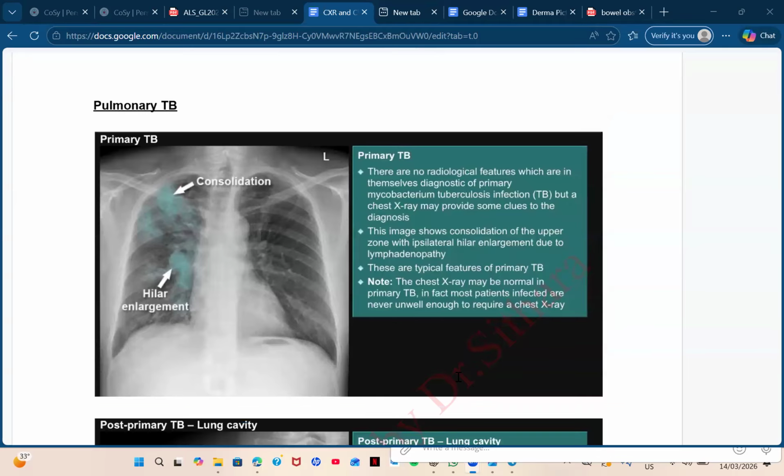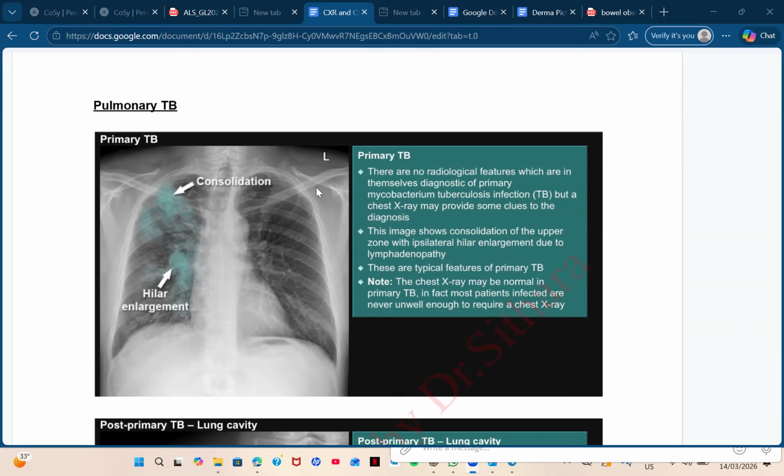Then tell me how pulmonary TB presents. Pulmonary TB also has different types, right? Primary TB, right, doctors?